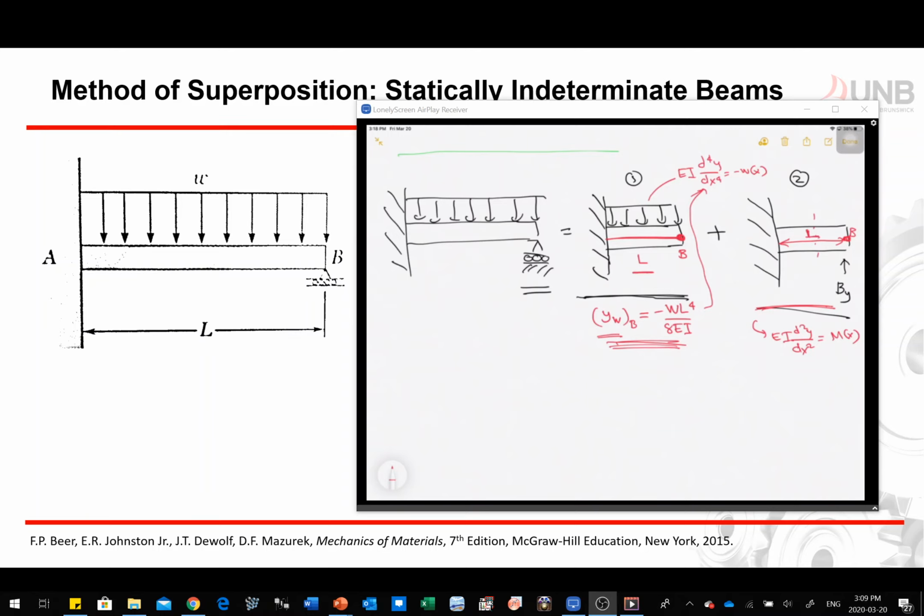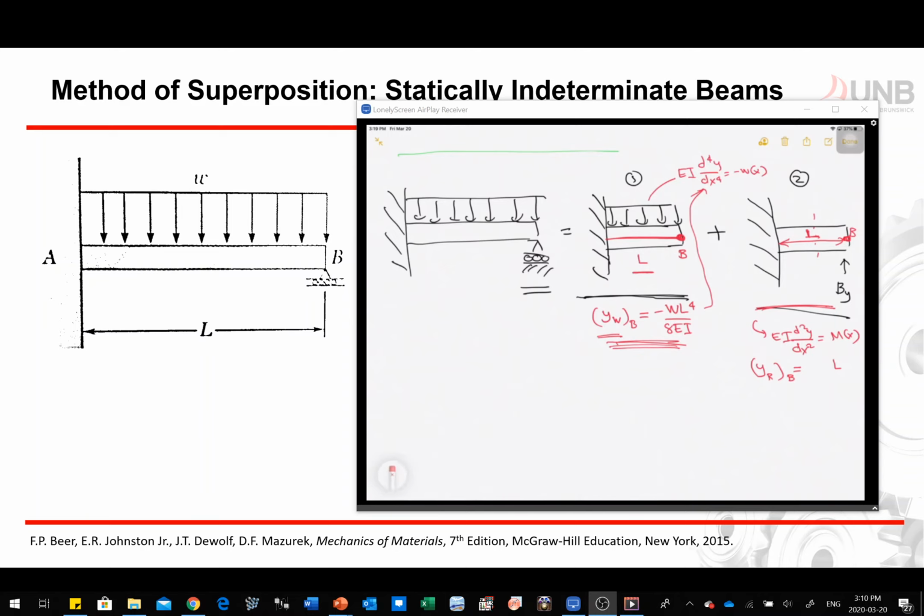Now, once you do that, you will get, so I'm going to call it y, that's for support reaction at point B, is going to be equal to RB, not RB, let's call it BY. So we have BY.